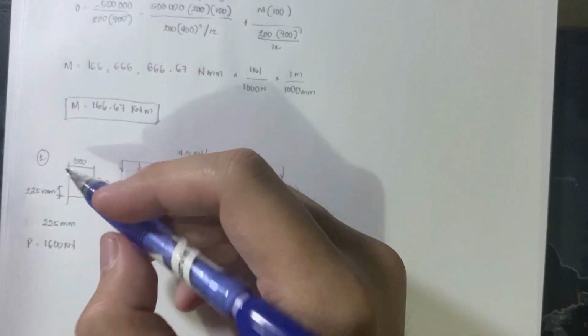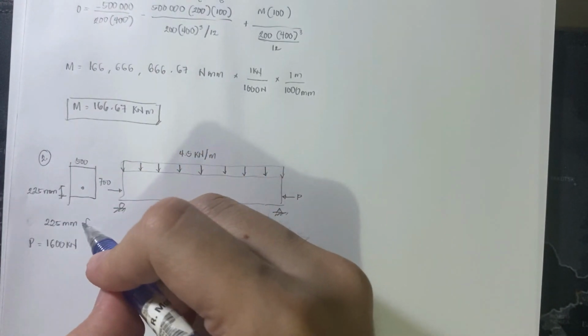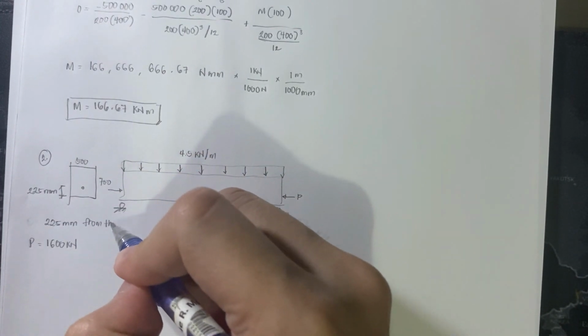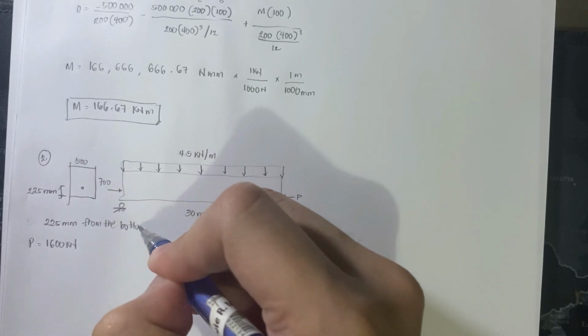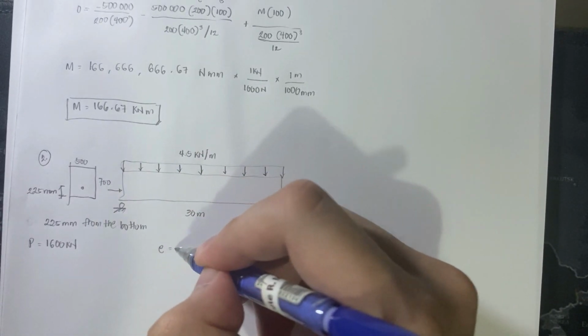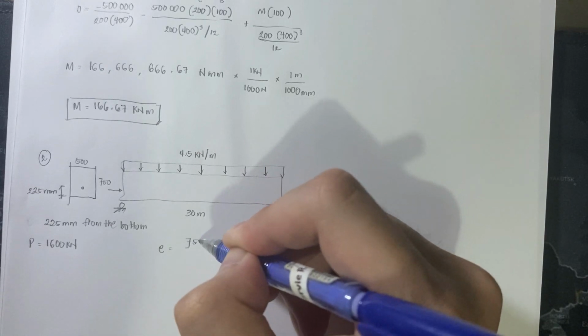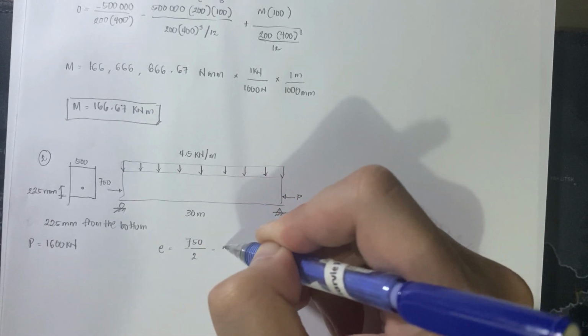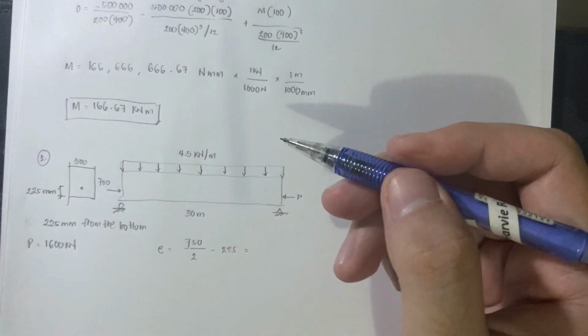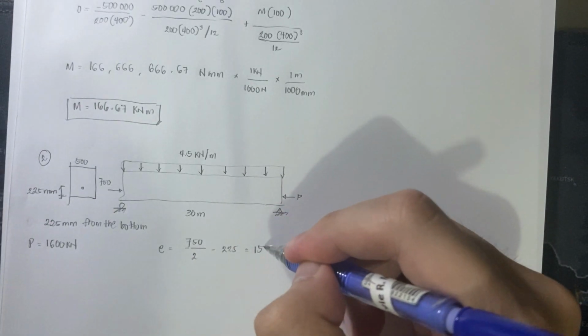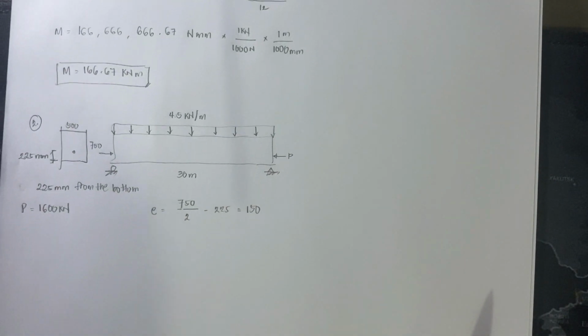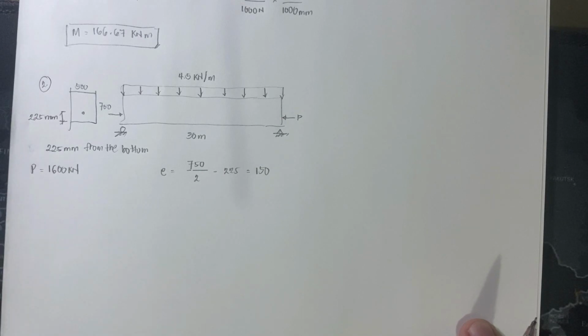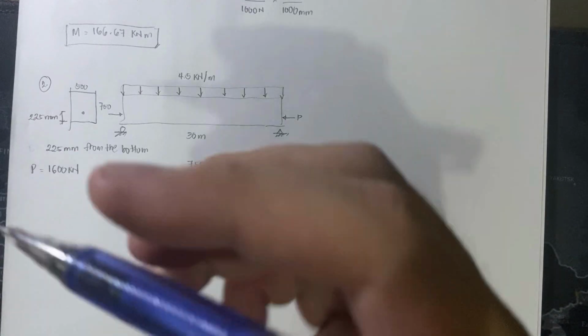Yung 225 millimeters daw is the distance of the tendons from the bottom. So militaw na yung eccentricity natin is equal to 750 divided by 2 minus 225. Take note yung eccentricity natin is the distance from the neutral axis papunta dun sa tendons natin.